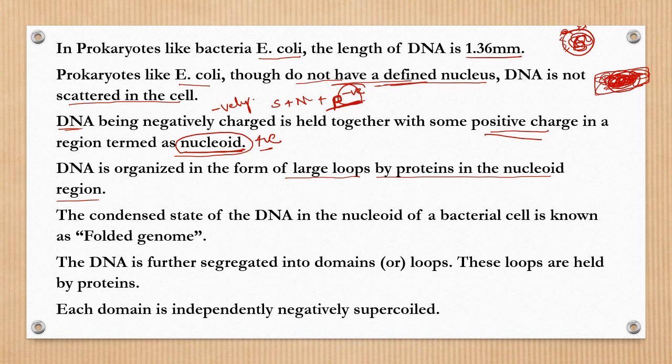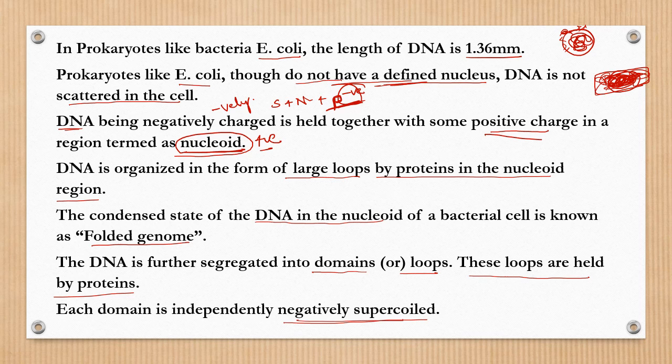The condensed state of DNA in the nucleoid of a bacterial cell is called the folded genome. The DNA is further segregated into domains or loops, and these loops are held by proteins. Each domain is independently negatively supercoiled.